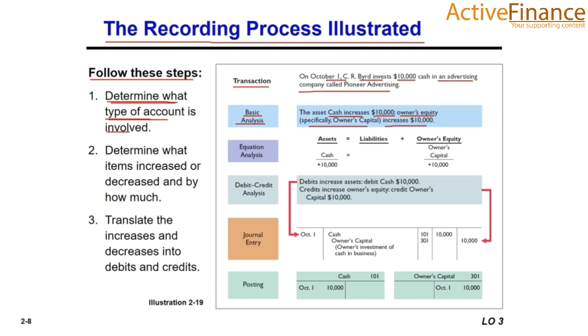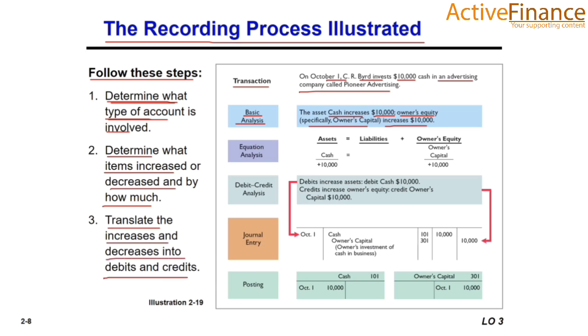So this transaction impacts two accounts. One is cash, which increases, and the other is owner's capital, which also increases. So first we determine the basic analysis of this transaction. In the second step, we determine what items increased or decreased and by how much. In the third step, we translate the increase and decrease into debits or credits.